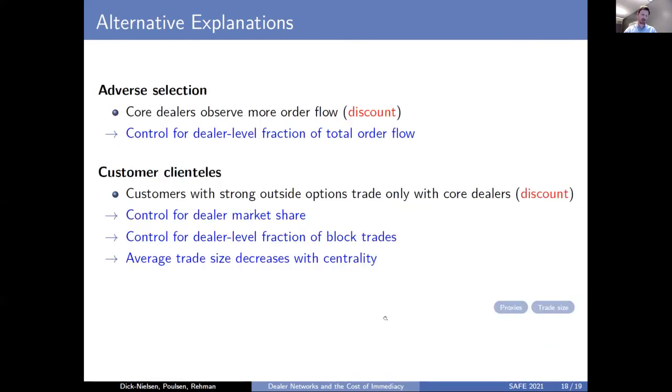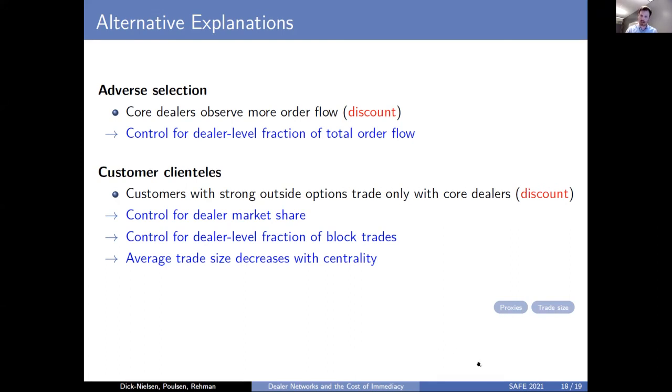The last robustness exercise we do is to exploit that we can use trade size as a proxy for the level of sophistication of the customer. So generally, we think of large orders coming from more sophisticated clients. So if the customer clientele channel is explaining our centrality discount, then we would expect core dealers to on average trade in bigger sizes.